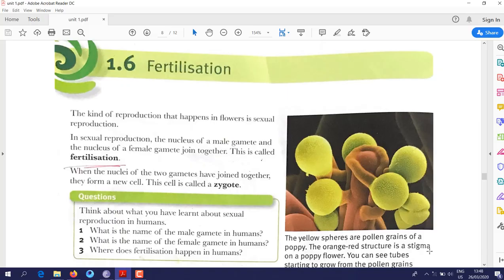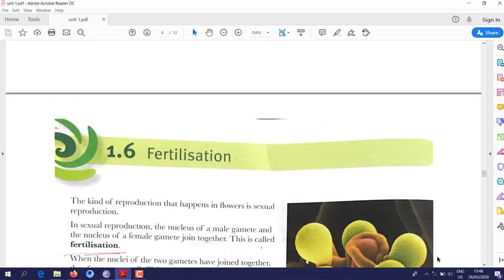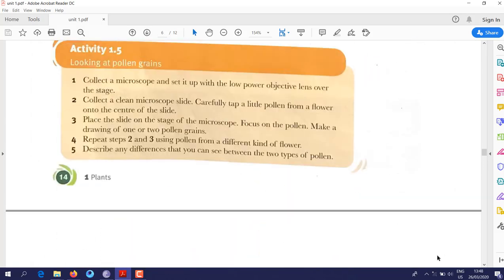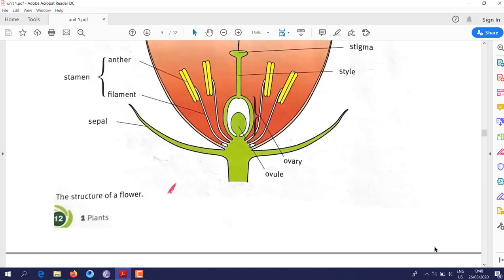In pollination, we said the pollen will transfer from the anther to the stigma, and then it goes through the flower parts. Let's go back here.